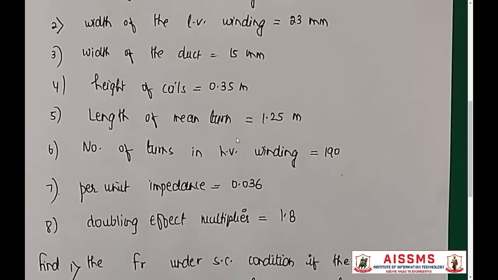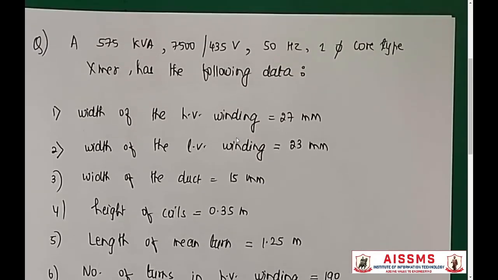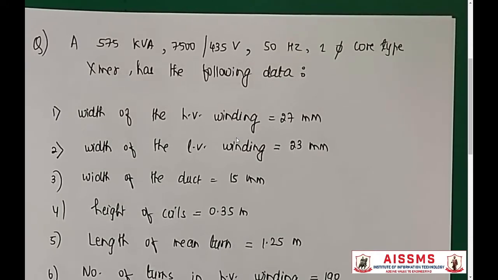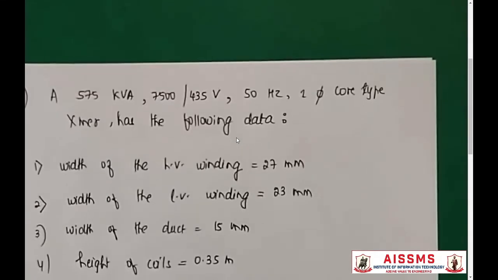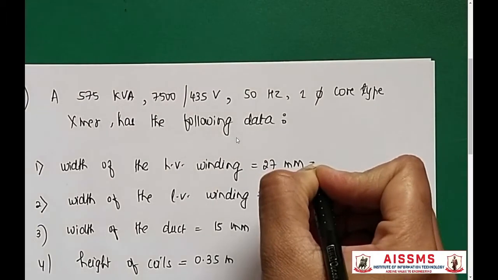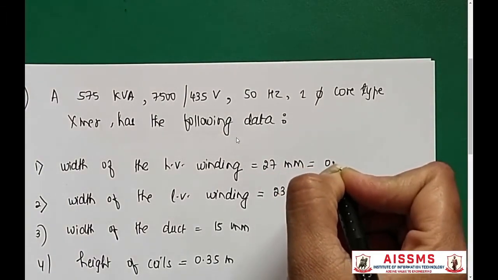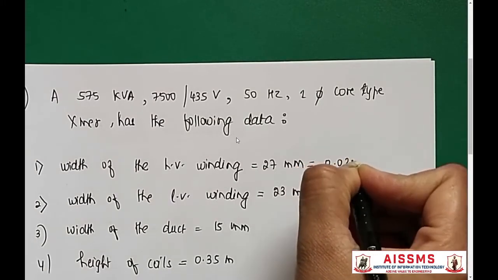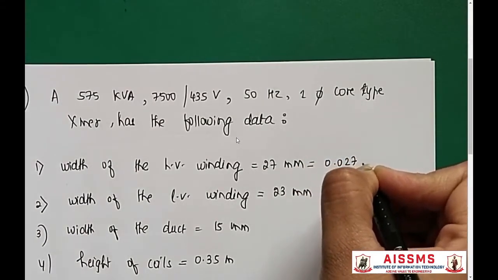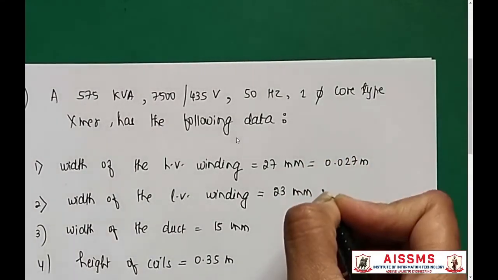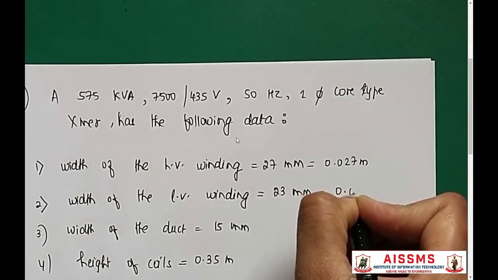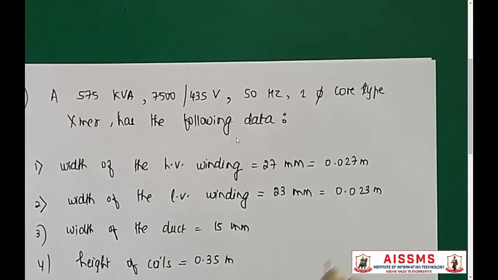The first and foremost thing that we are supposed to do is see that all the units are in their standard form. So this is 27 millimeters, which can be very well written as 0.027 meters. Width of LV winding 0.023 meters.